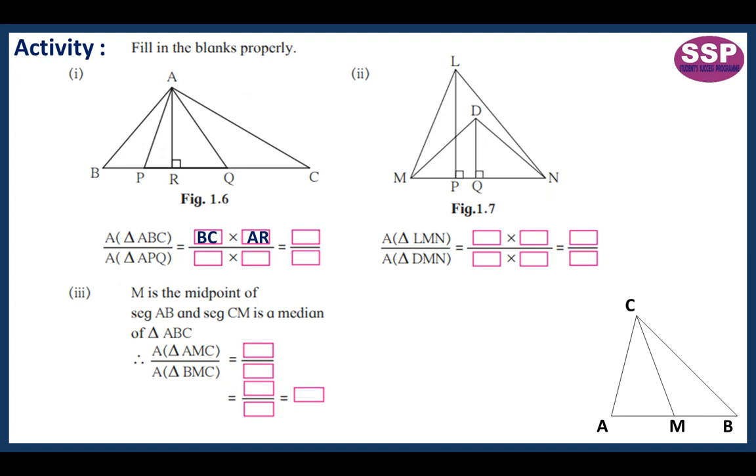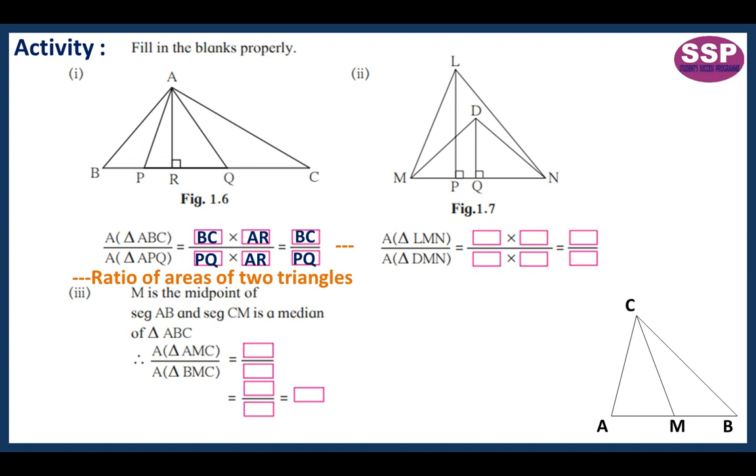Similarly in the denominator we write the product of base and height of triangle APQ, that is PQ into AR, and the reason for that is ratios of areas of two triangles. AR gets cancelled and the answer will be BC upon PQ.